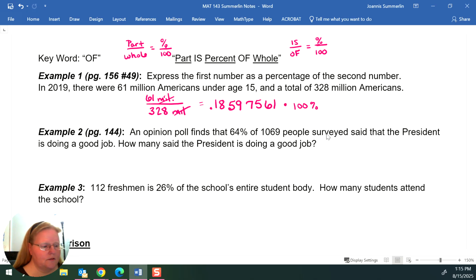So I'm going to multiply it by 100, and that's going to give me 18.597561%, or about 18.6%.